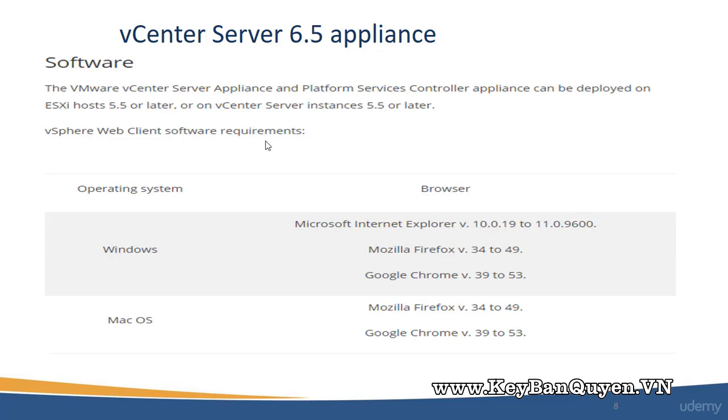Then we have the software, the VMware vCenter Server Appliance. To let you know about the appliance, we have vCenter Server and we have vCenter Server Appliance. The appliance version comes with its own operating system, built on a Linux operating system.